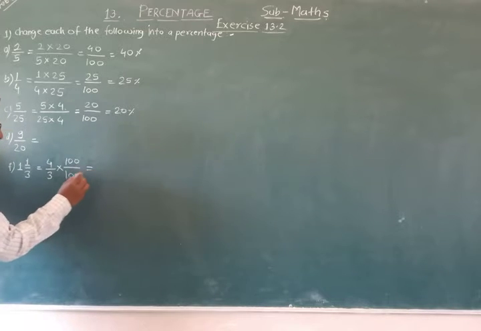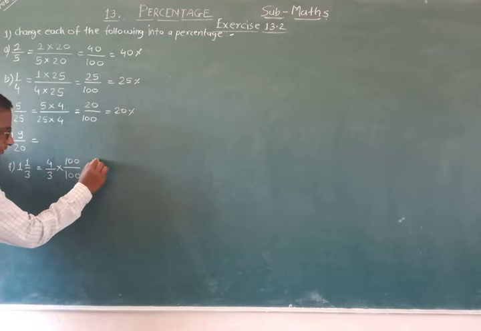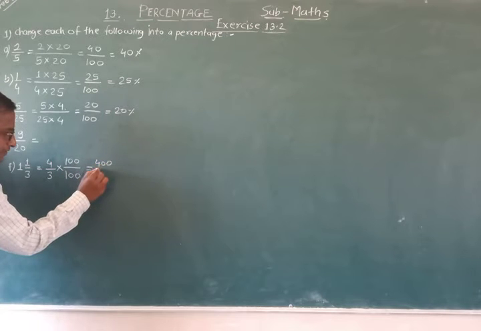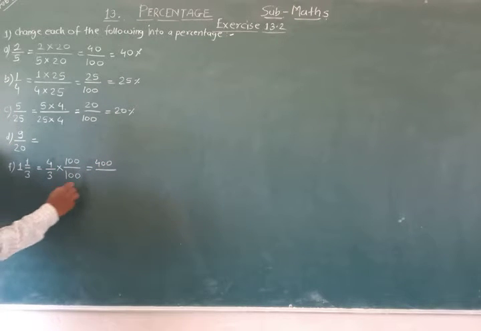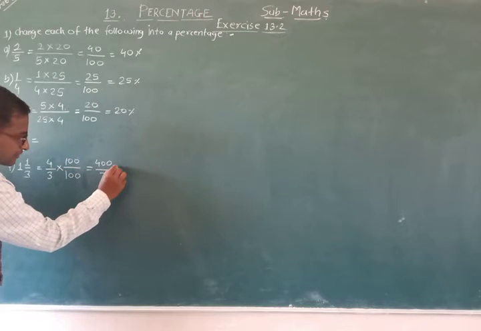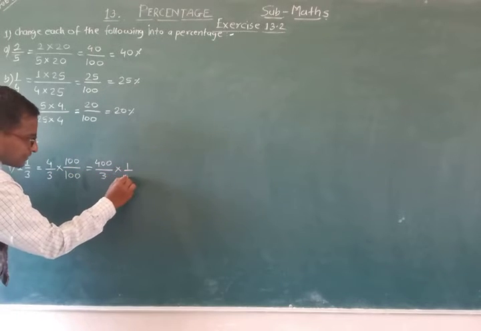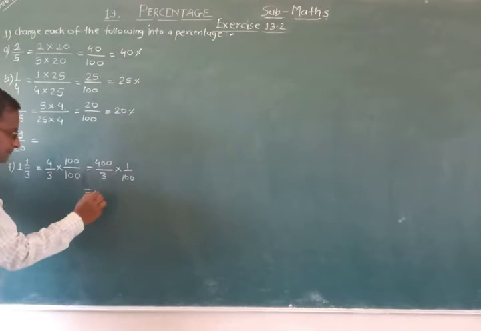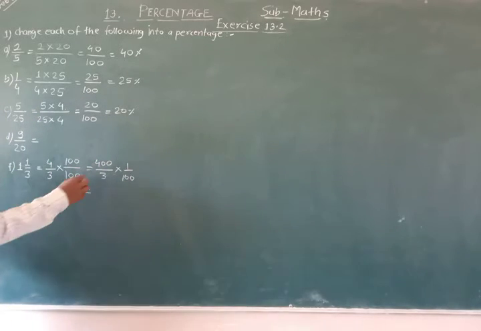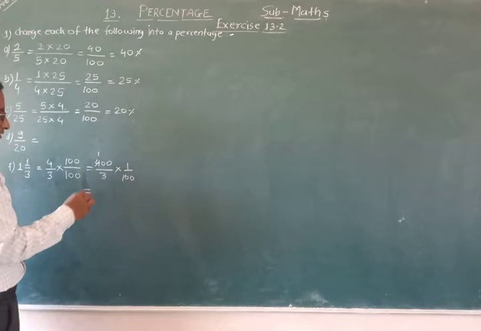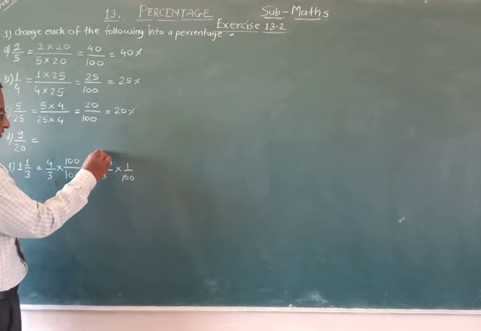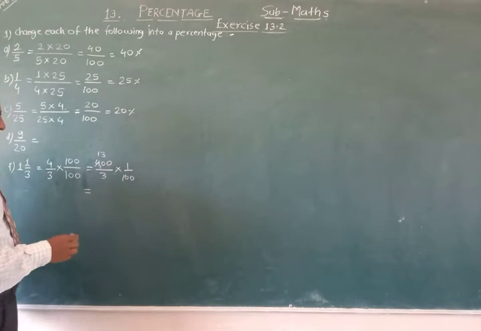Then 4 multiplied by 100 is 400. Here 3 as it is, over 100. The meaning of 1 upon 100 is percentage. So 3 divides 400. 3 1s are 3, 1 remains, bring down 0 to make 10, 3 3s are 9.